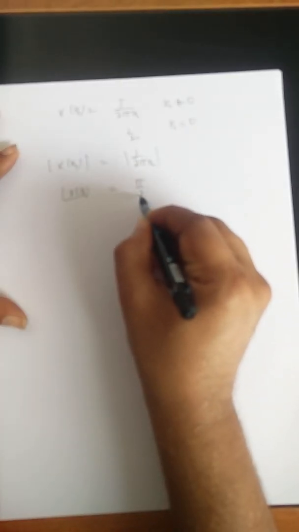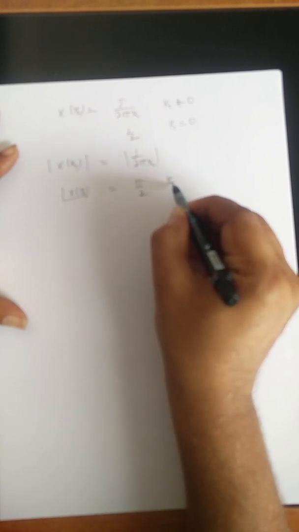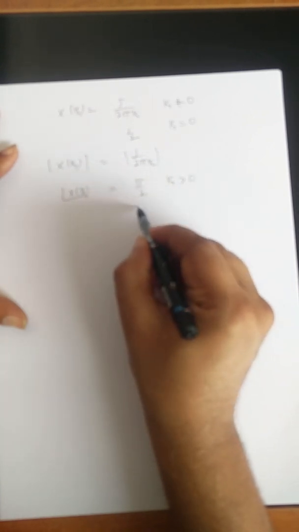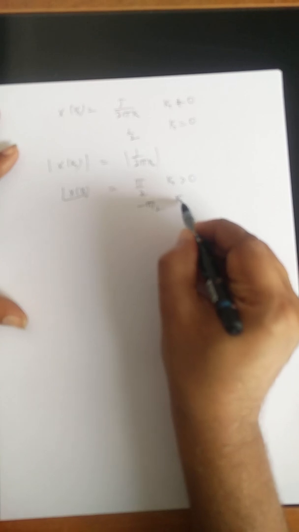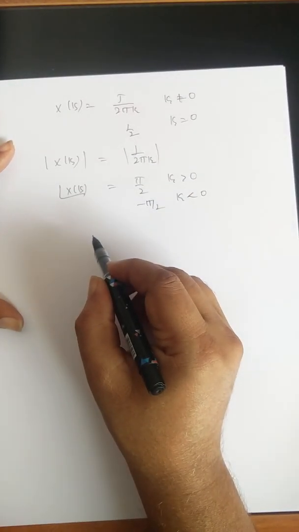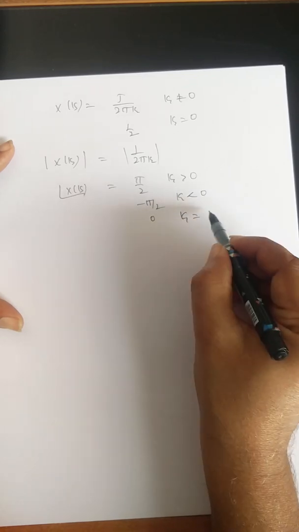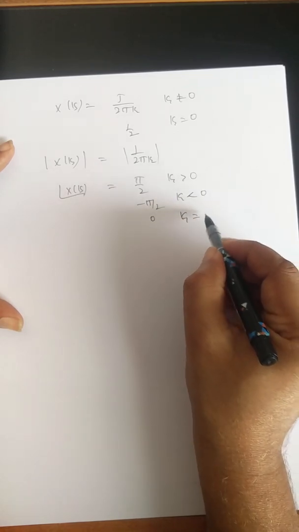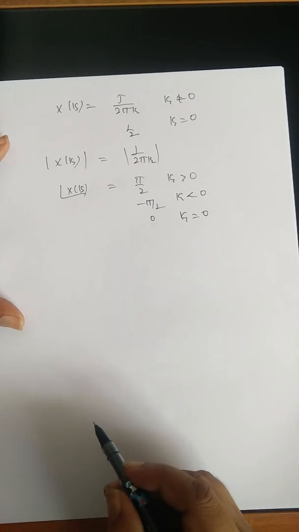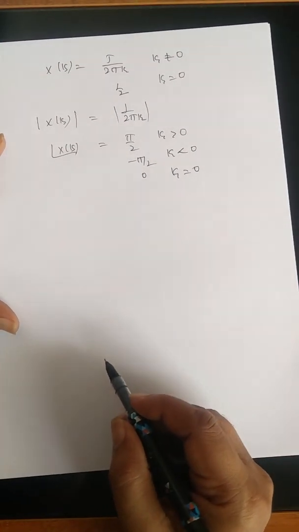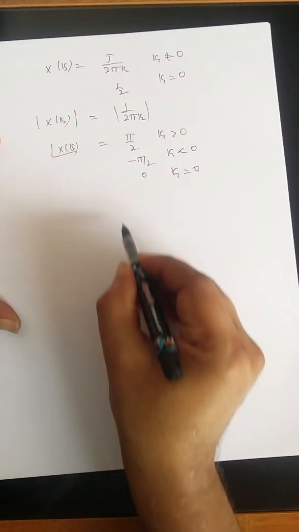That's why it is pi by 2 when k is greater than 0, and its value is minus pi by 2 when k is less than 0. And the phase part is 0 when k is equal to 0. Okay, now let us plot this phase spectrum and magnitude spectrum.